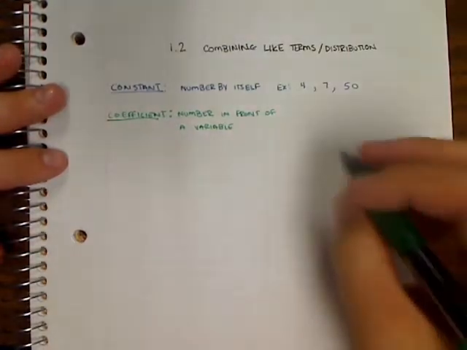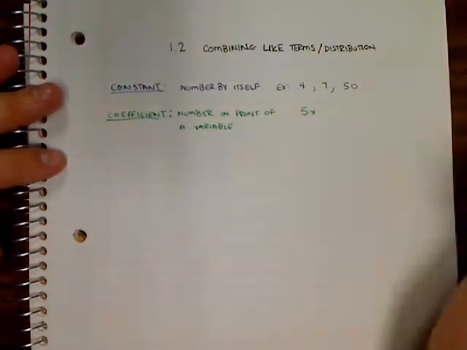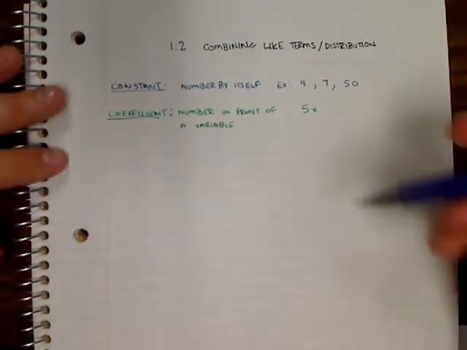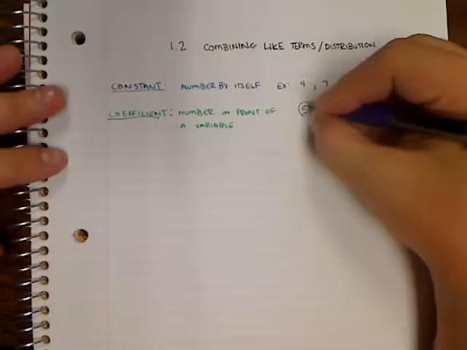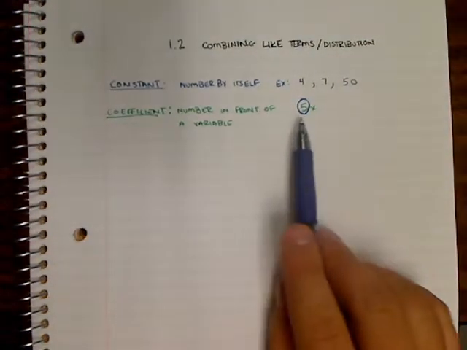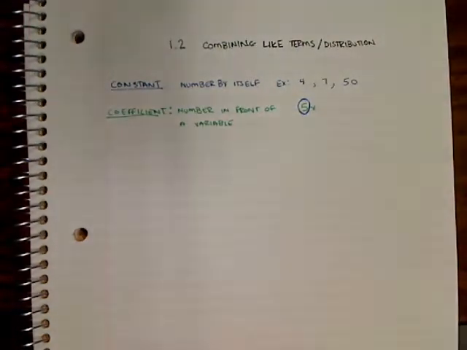So, for example, if I had the term 5x, my coefficient is the 5. Okay, so if I'm talking about coefficient, I'm not talking about the whole entire term itself, just the number in front of the variable.